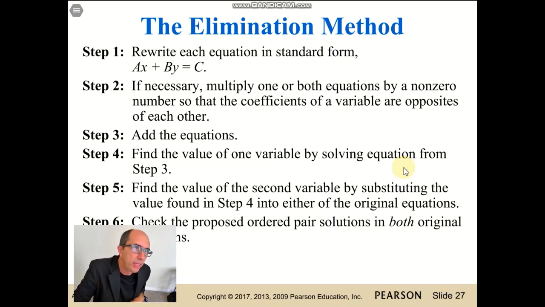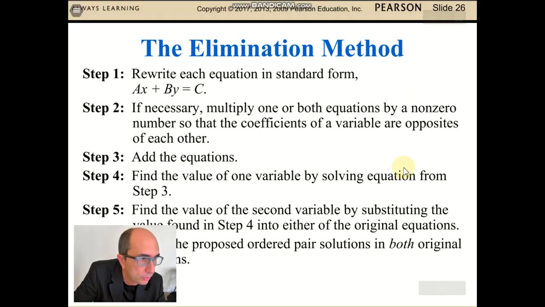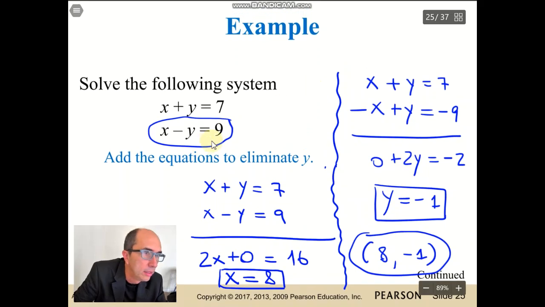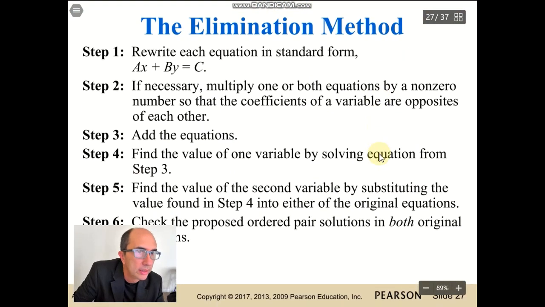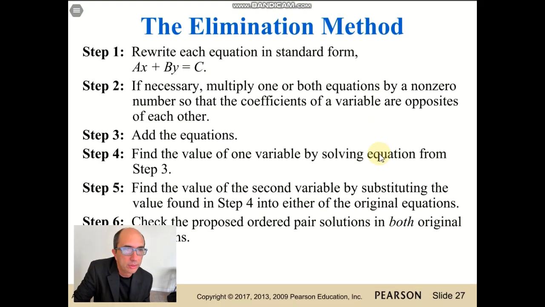The step-by-step of the elimination method. The first step, rewrite each equation in standard form, ax plus by equals c. Then second step, if necessary, multiply one or both equations by a non-zero number so that the coefficients of a variable are opposites of each other. That's what we've done here, right? We multiplied by -1 to have x and -x. Step 3, add the equations.